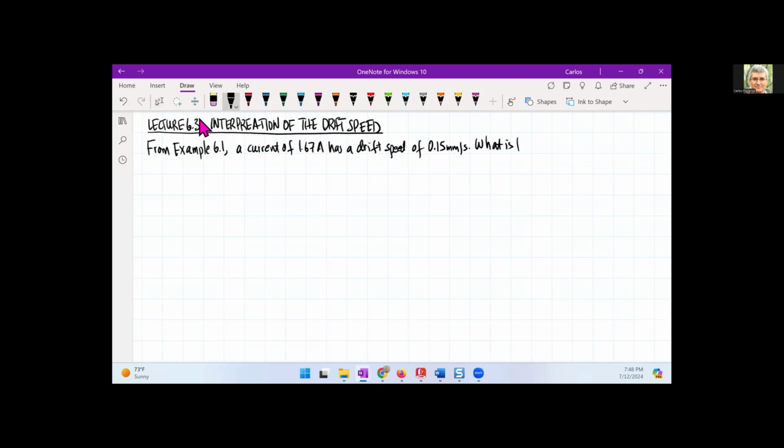What is the physical significance of such a low speed?